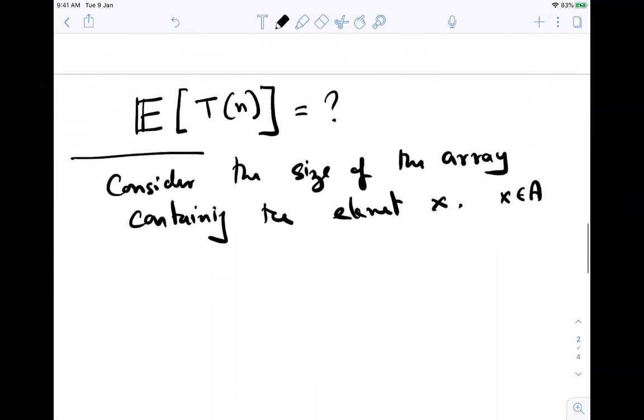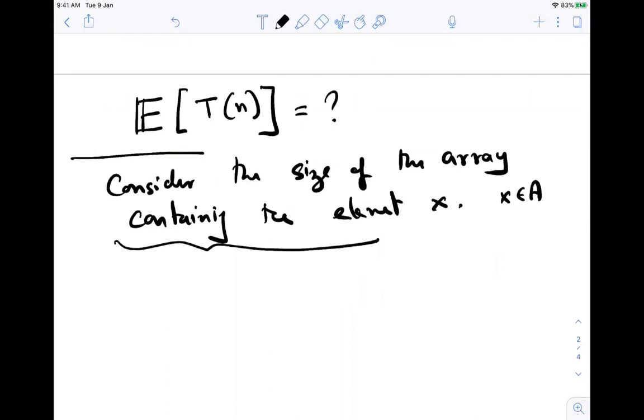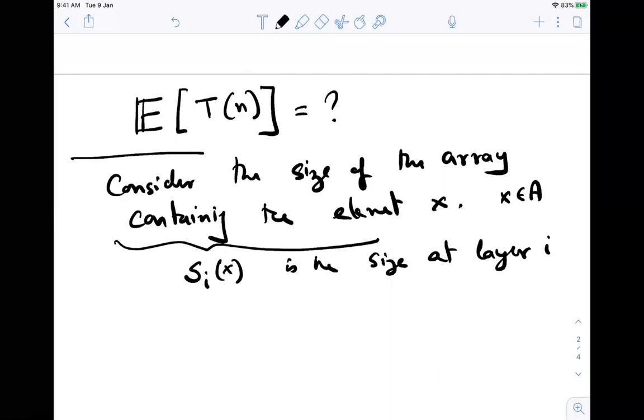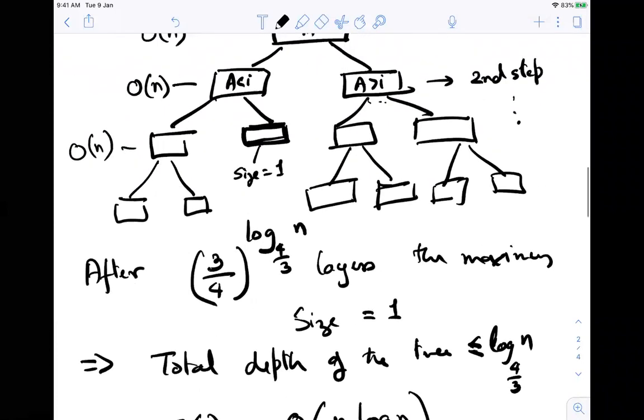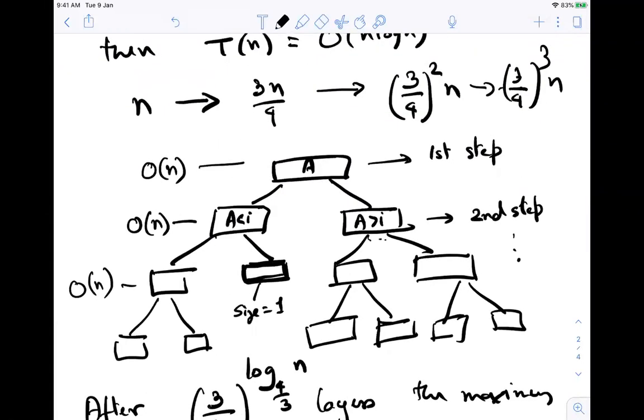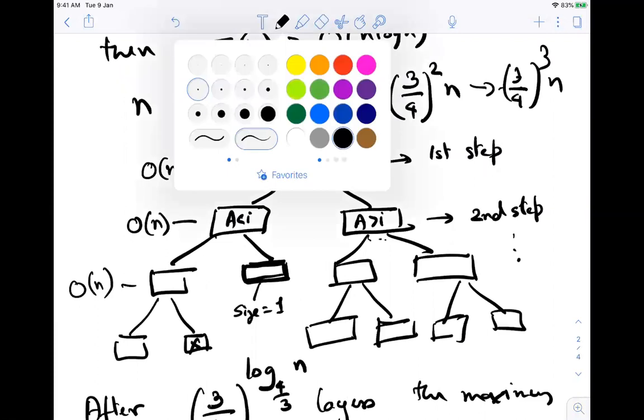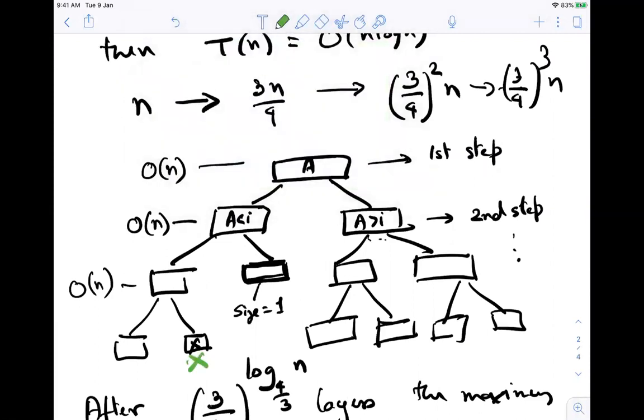So initially, what is the size? Maybe let's define it like this: S_i of x is the size at layer i. I'm just looking at a particular x. So say maybe at the end of the day, x is here. So I'm looking at this path.